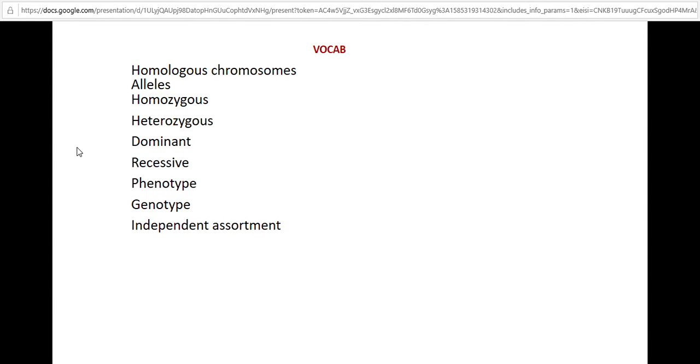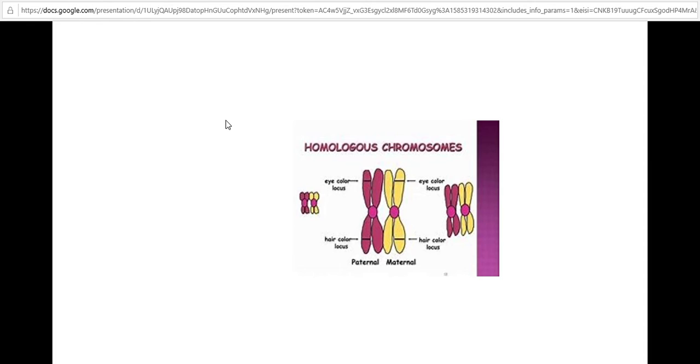Now, an allele is basically a variation of the same gene. For this unit, we're going to be looking at two versions of the same gene, but there can be more, and we're going to look at more variations than two as we go along further in the unit.